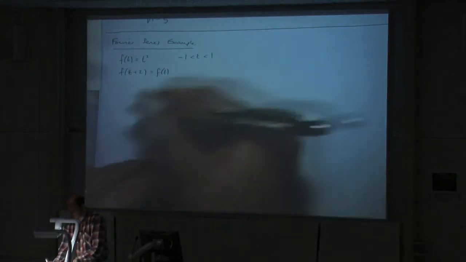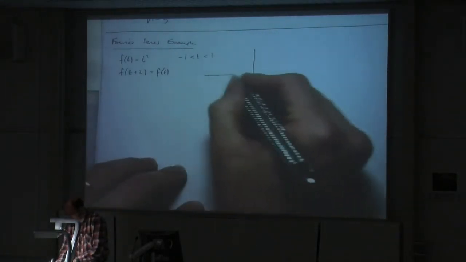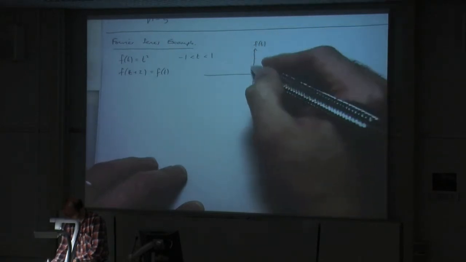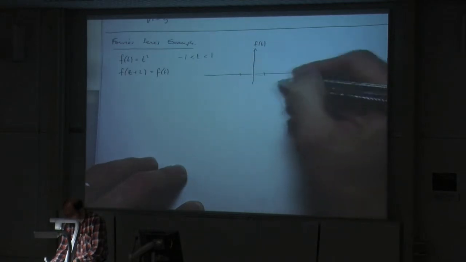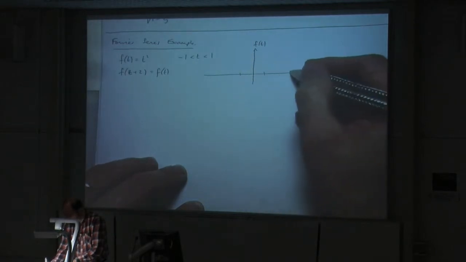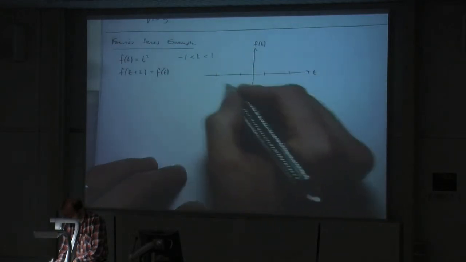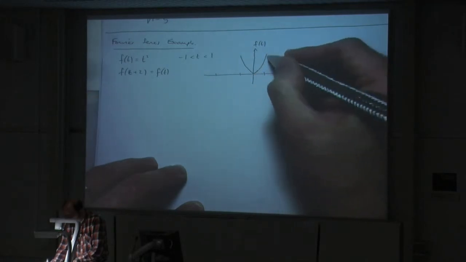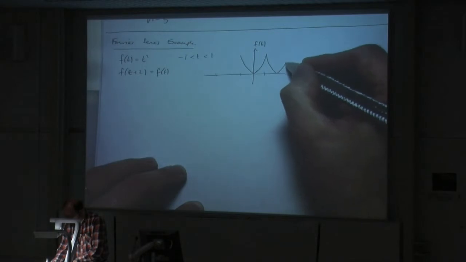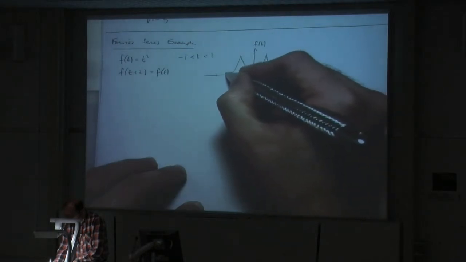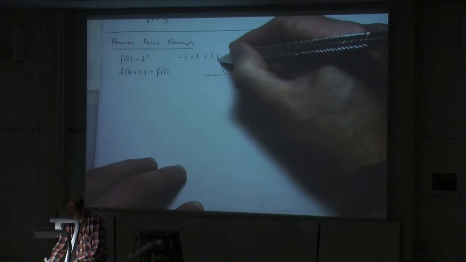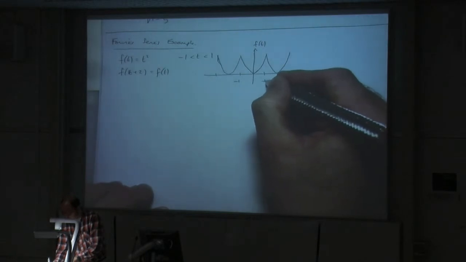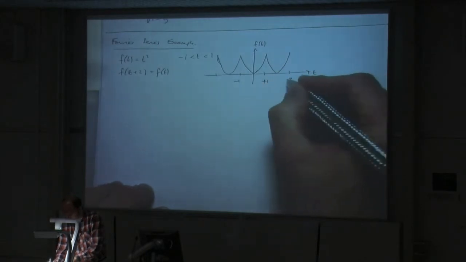If you were to draw it, it looks like the picture in the book. Basically, it's a series of parabolas. This is -1, this is +1, this obviously would be 3, this would be -3.